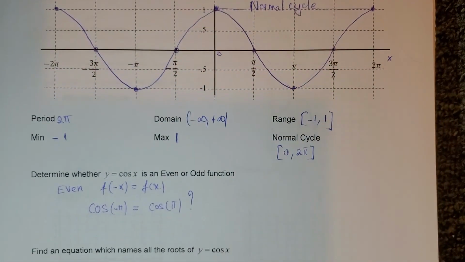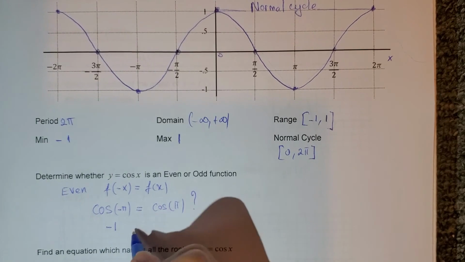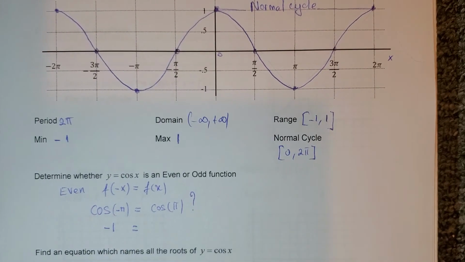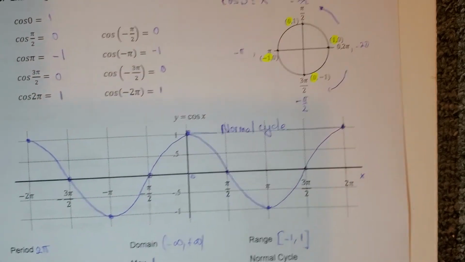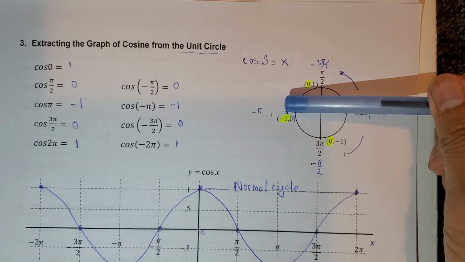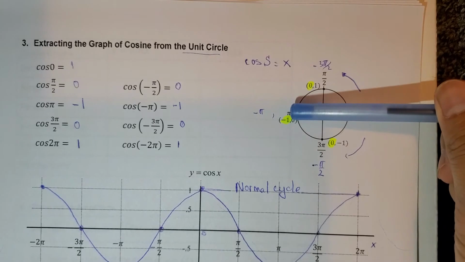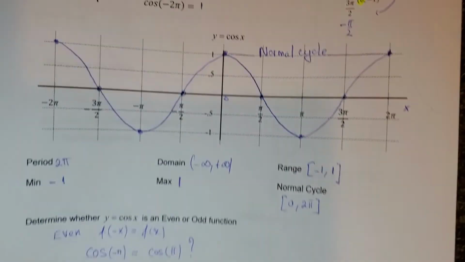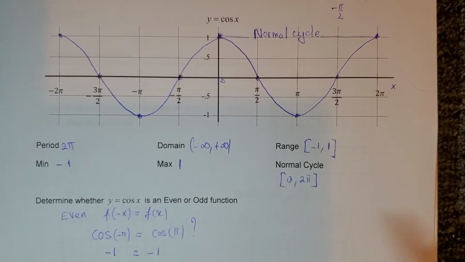We want to know if it equals cosine of pi. If you go counterclockwise to pi, the value is also negative 1. So they are equal. That means cosine is an even function.